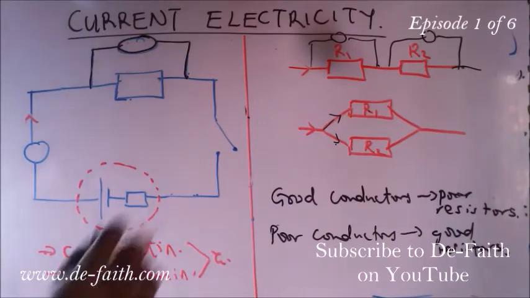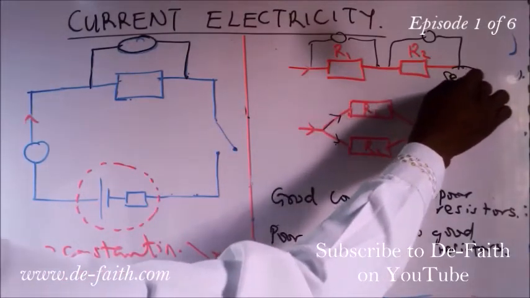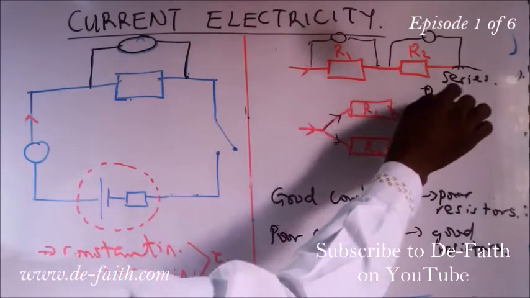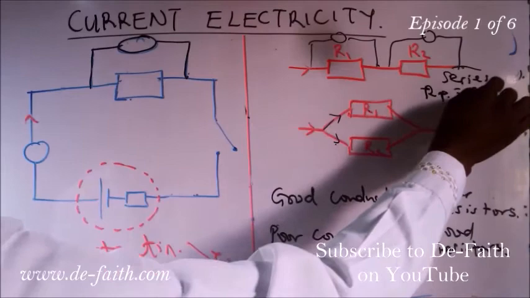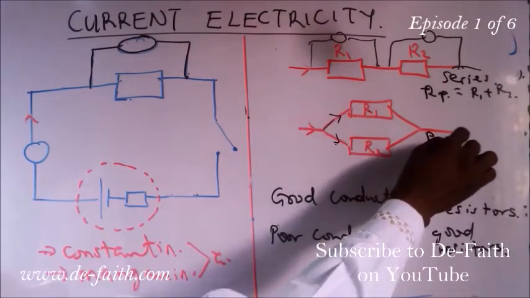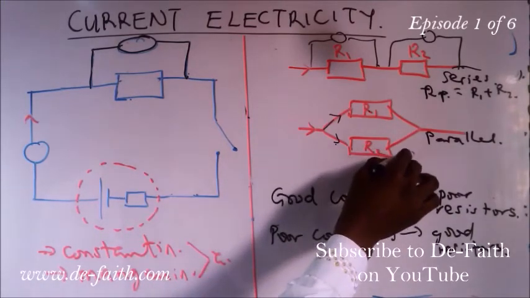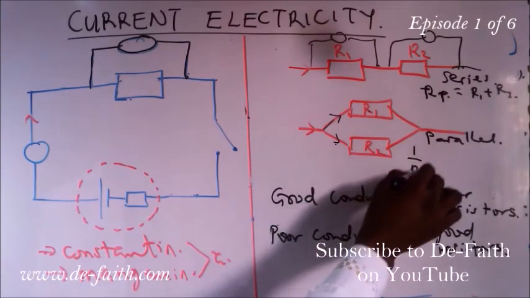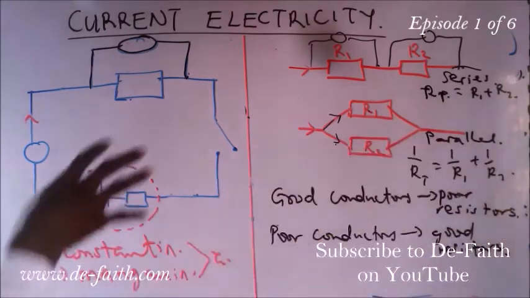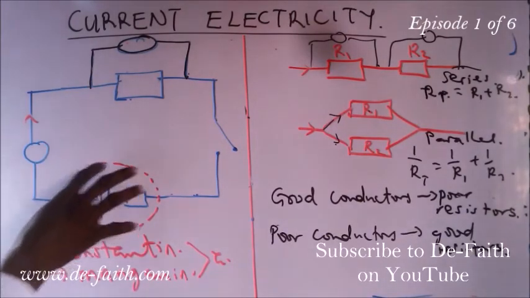When resistors are connected like this, we call it a series connection. In a series connection, you get total resistance by adding R1 plus R2. And for parallel, you get the total resistance by having 1 over RT equal to 1 over R1 plus 1 over R2.